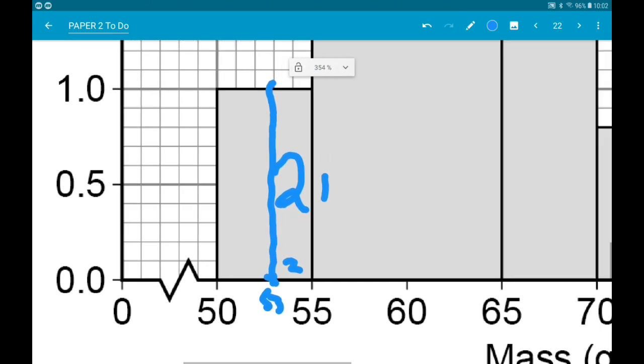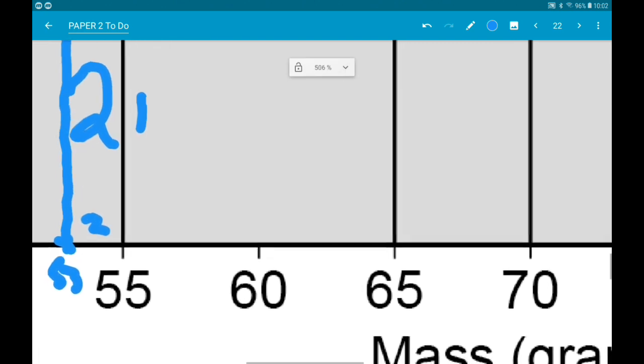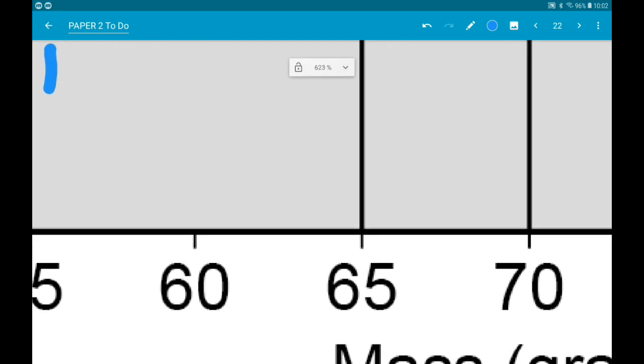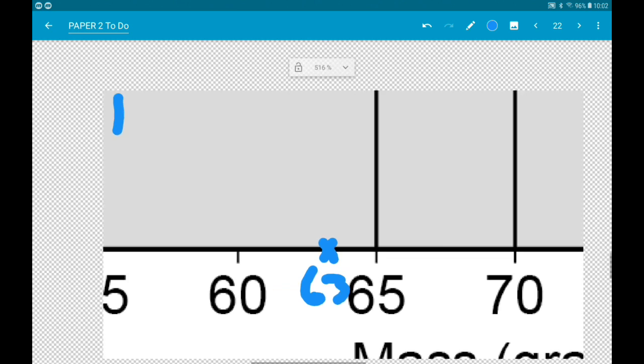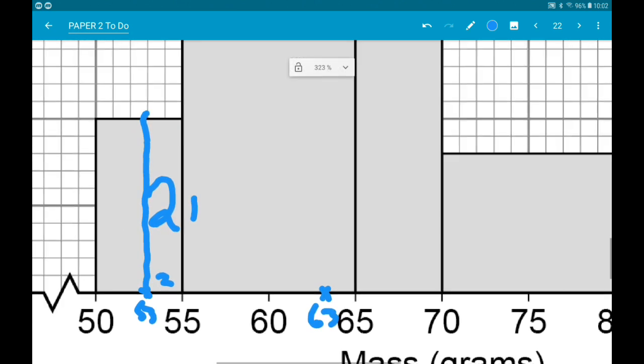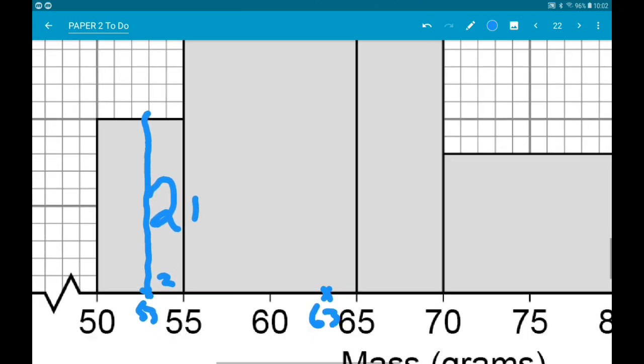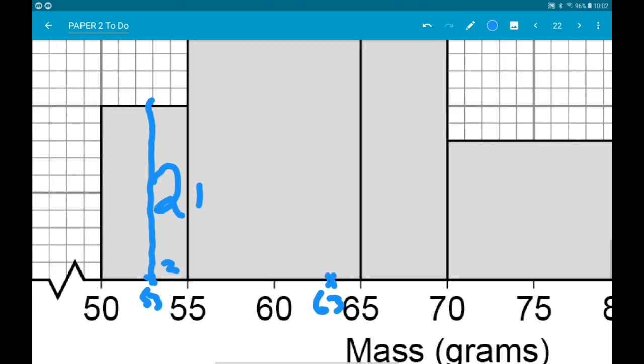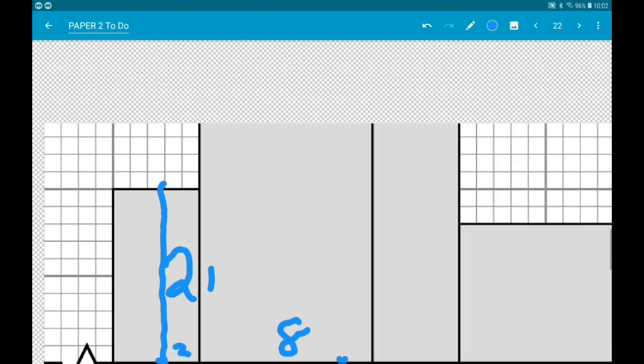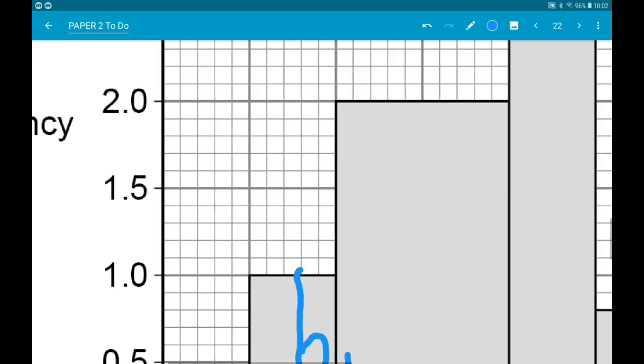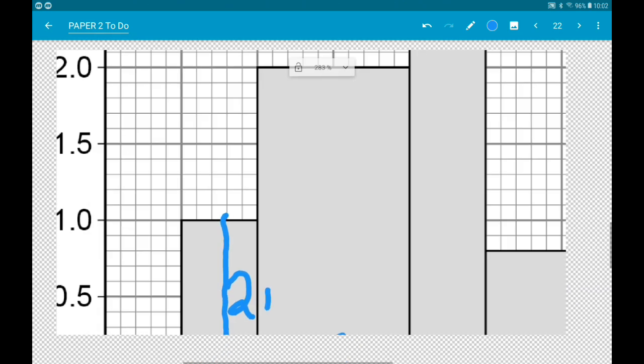Now we need to find 63, so that's going to be about there. So we now want the area inside this second bar between 55 and 63. So that's a width of 8 and the frequency density is 2.